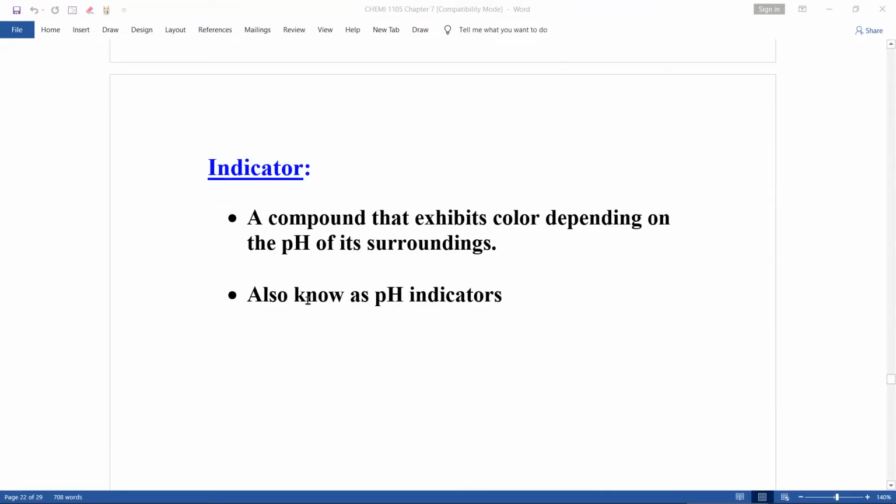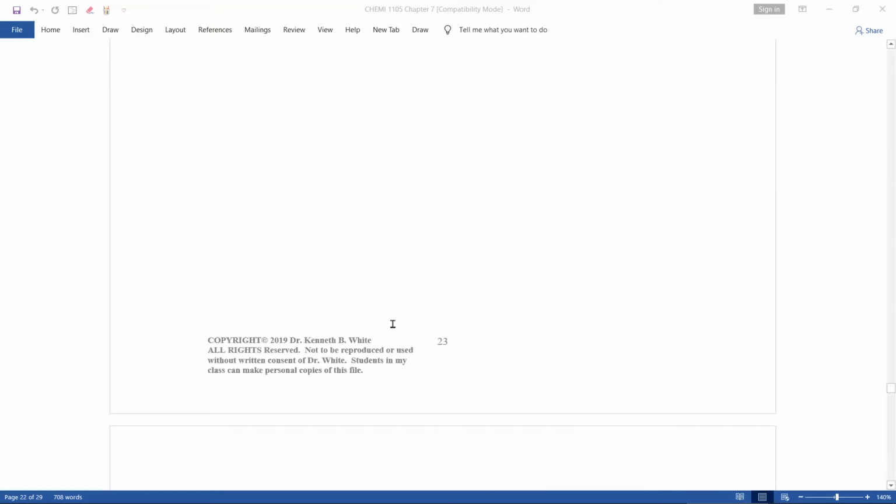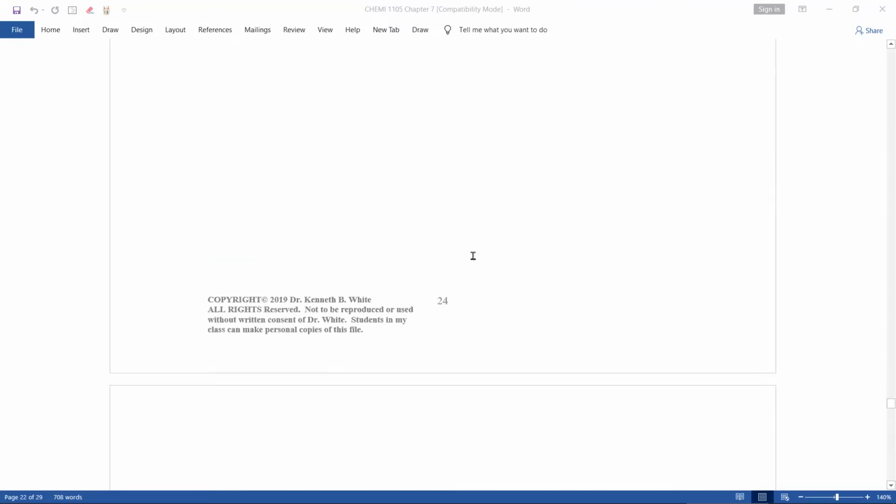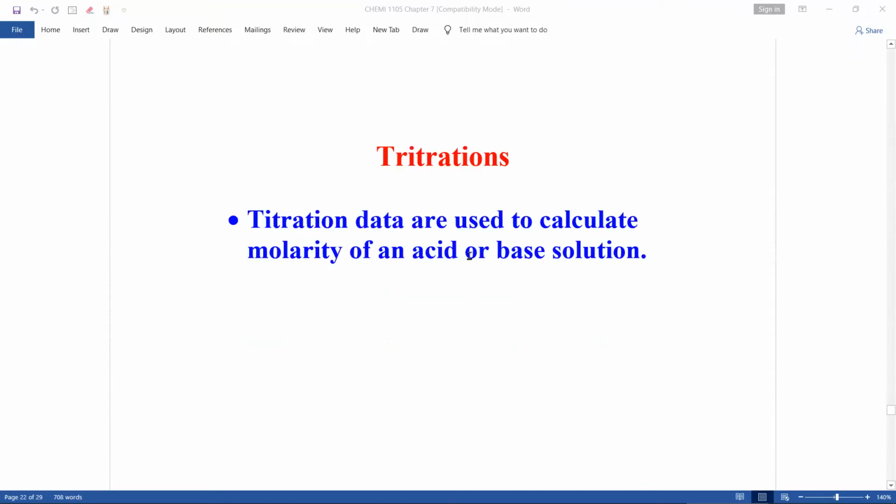Now, we use what's called an indicator, also known as a pH indicator, which you saw if you've done the Beyond Lab Z Lab. Remember, that's due tomorrow. It changes color. And the most common is phenolphthalein, which changes color at pH 7. I'm going a little faster because we've already touched on this, but I want to do it once more.